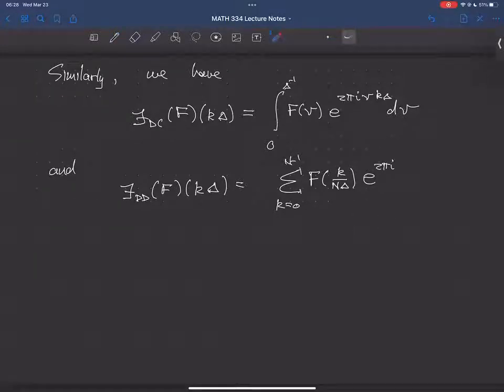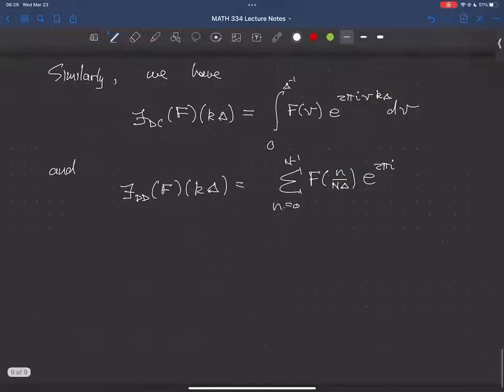So we're going to get a formula that's rather similar to this one, except the continuous frequency variable nu is going to be replaced with, sorry, apologize, this one should be n and n. Except nu is going to be replaced with little n over n delta, and so deltas are going to cancel out just like they did before.